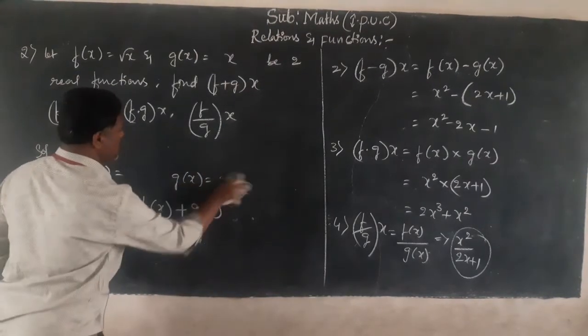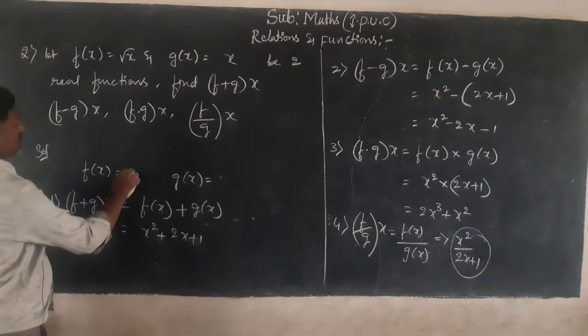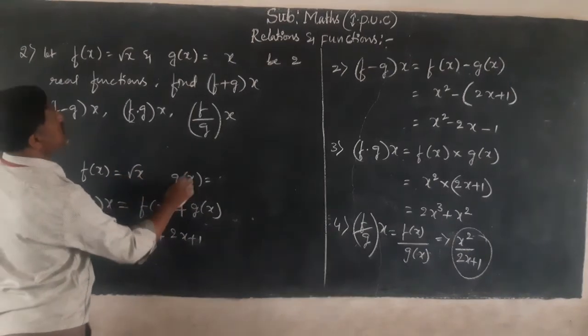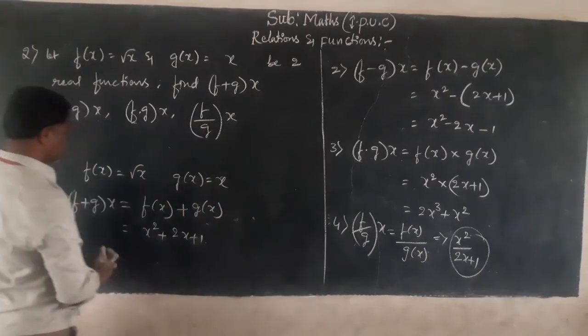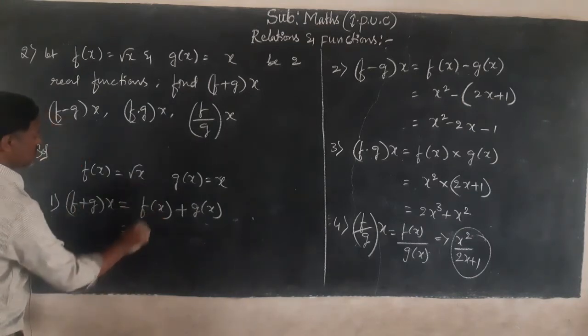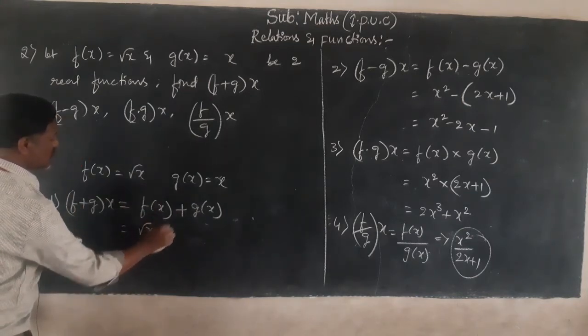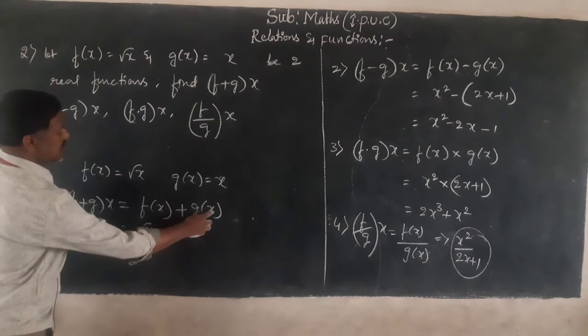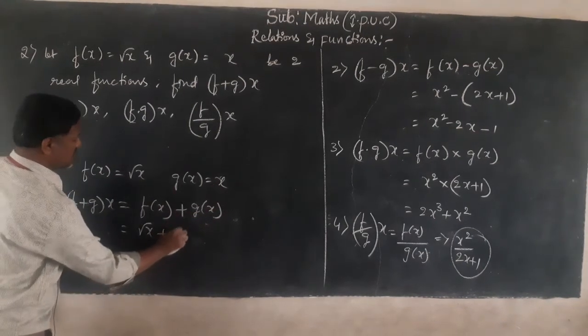Let us write down the first. F of x value is root x, g of x value is x. F of x value is how much? Root x. We should write plus as it is. G of x value is x.